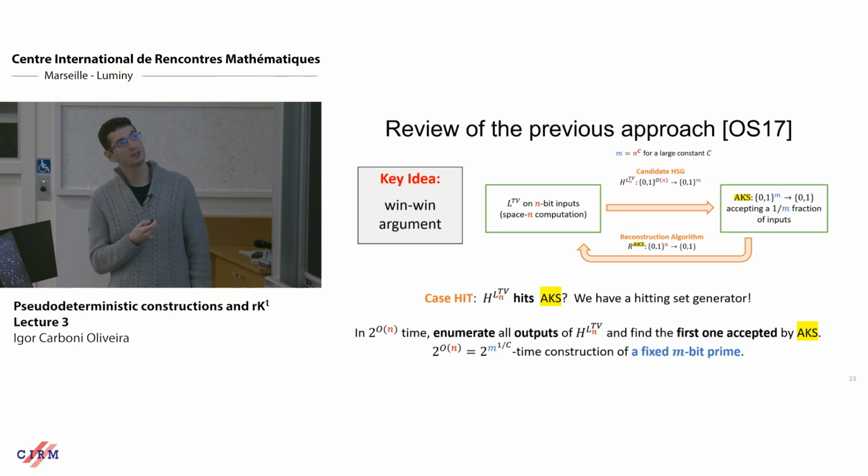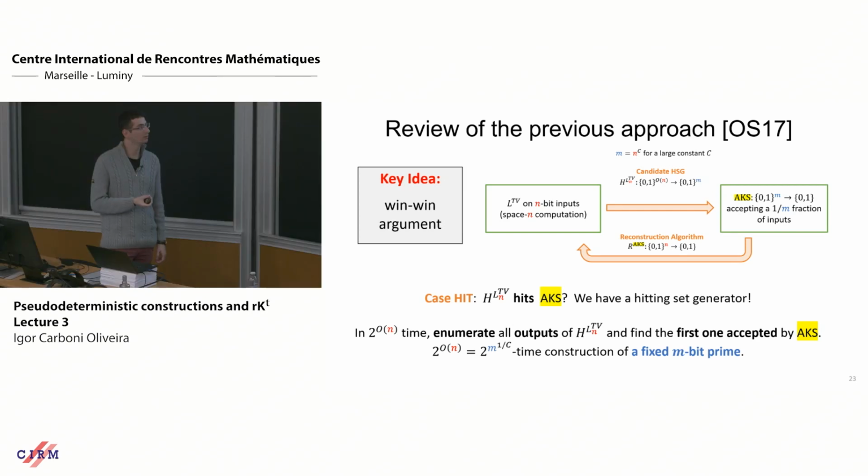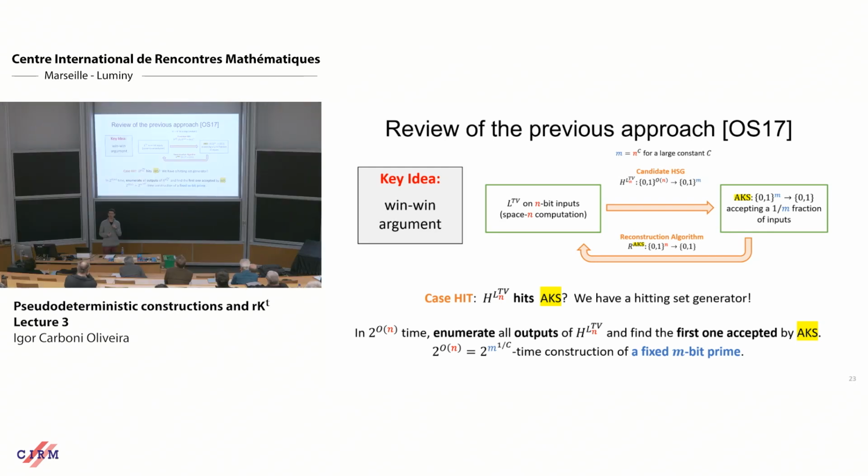Because we're stretching the generator with a polynomial factor, we're running in 2 to the n time, but we are producing an m-bit prime for a large polynomial. So that's a sub-exponential running time with respect to m. That's a great scenario. We have a sub-exponential time procedure generating this m-bit prime, and we are happy in this case.